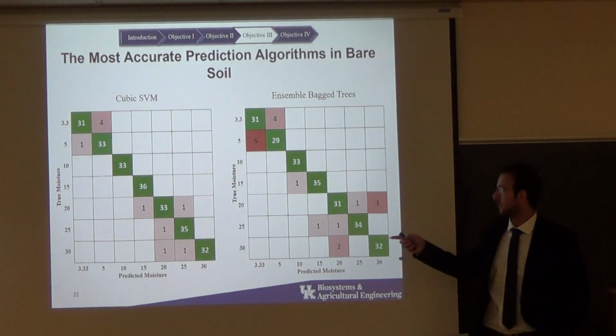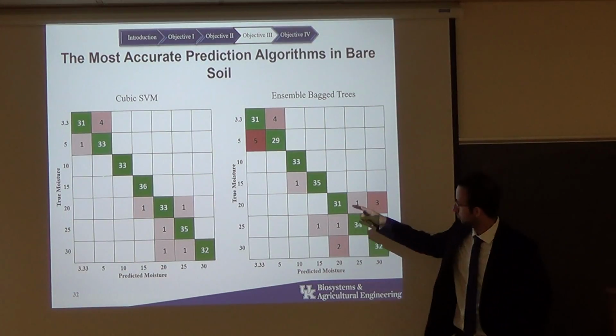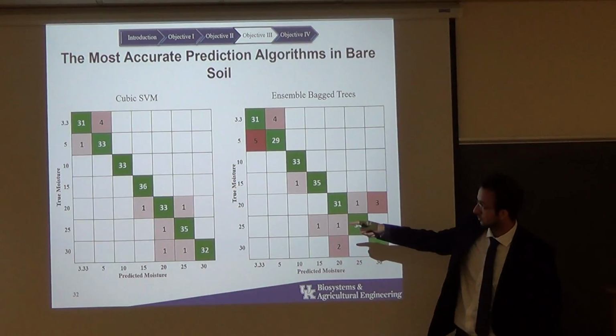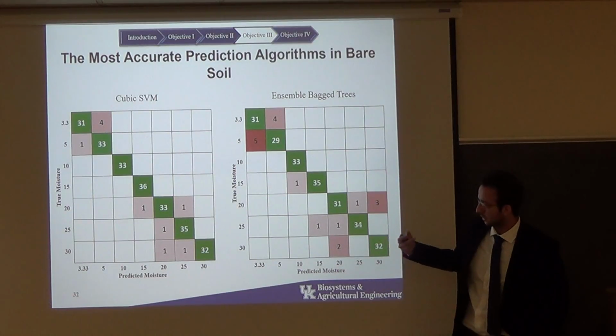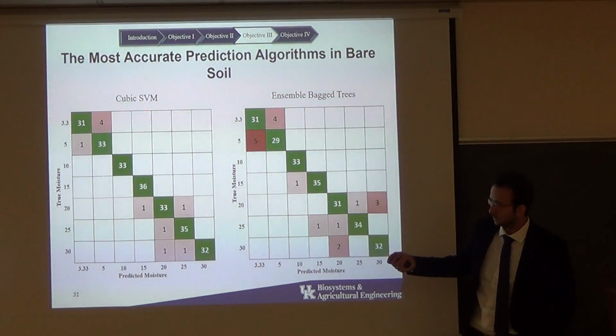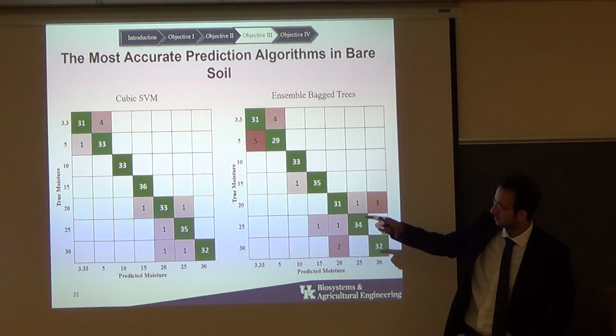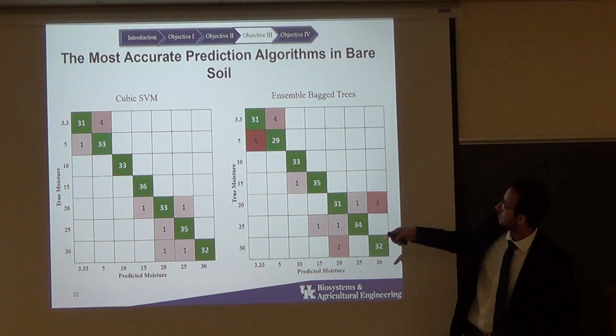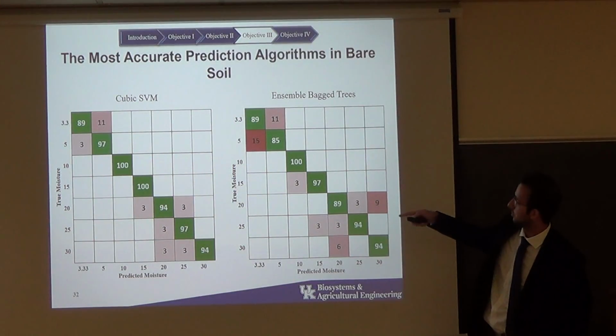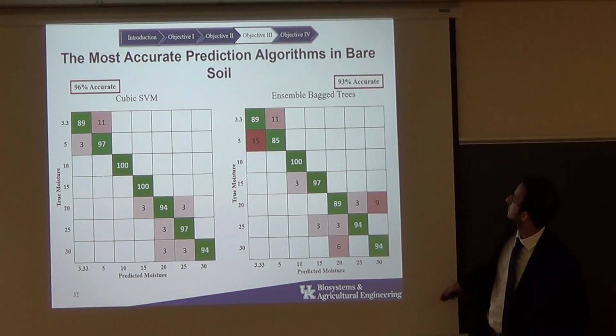The confusion matrix shows the true moisture and the predicted moisture. The diagonal of the matrix means we made a correct decision, so the predicted moisture was the same as the true moisture, and the rest shows the inaccuracies. When I show it in percentages, you can understand it more easily.